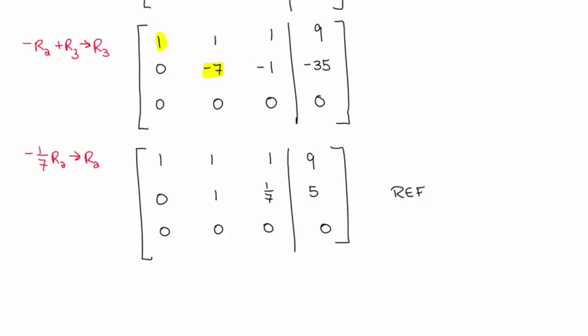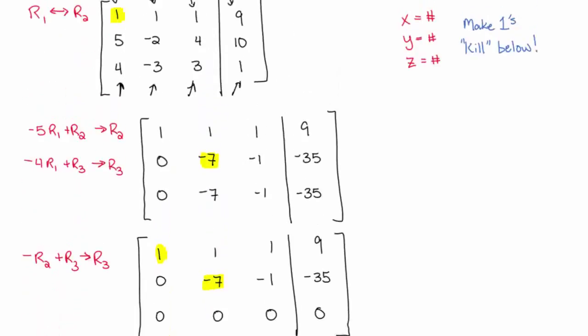To get that done, once I'm in row echelon form, where lead elements in each row are 1, and all 0s down below, and they stagger, my goal is to make sure in every column that I have a lead 1, the rest of that column has 0s. So that's true in the first column, but in the second column, that guy up there needs to be turned into 0.